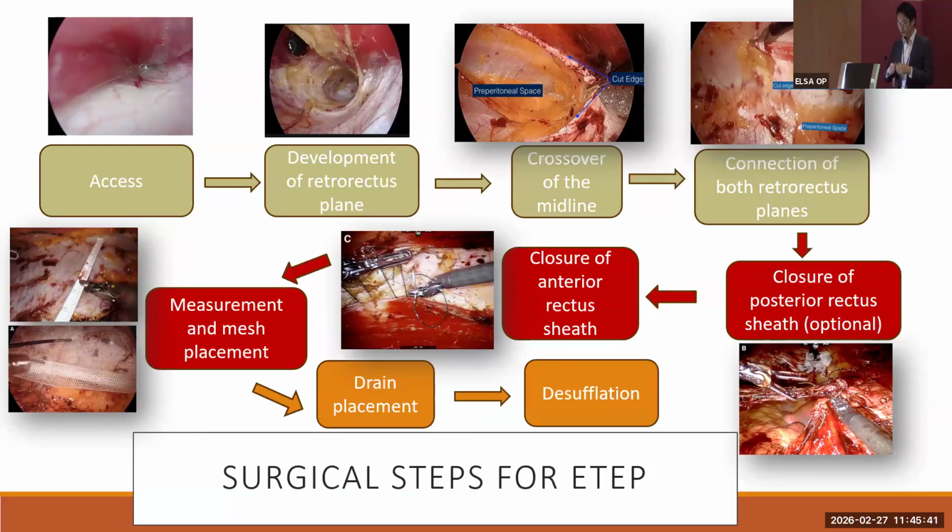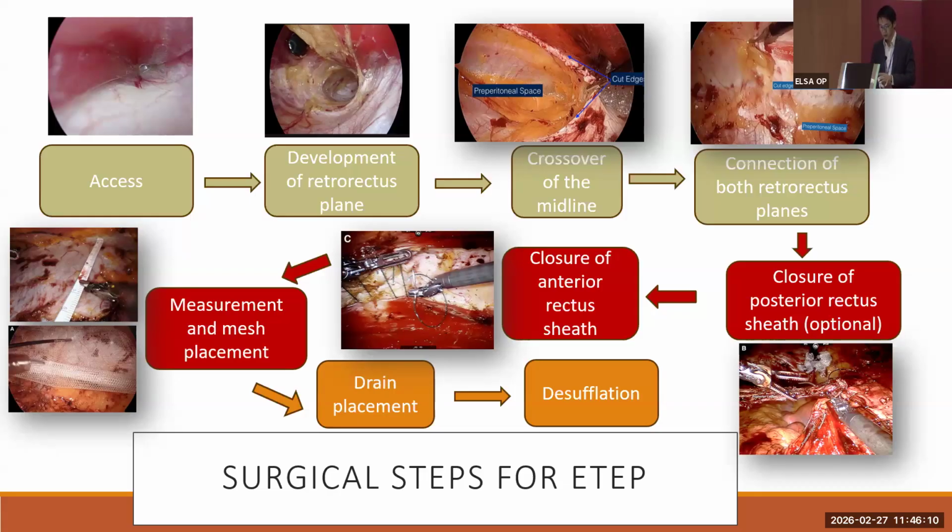This can be done through open dissection, getting down into the plane, or more nowadays we always use the optical entry, whereby we poke through the anterior rectus sheath, get through the muscle, then we see a bit of white, which is the posterior sheath. We angle our trocar, and then we insufflate to get into the retrorectus plane. Okay, you develop the retrorectus plane on that ipsilateral side of the rectus.